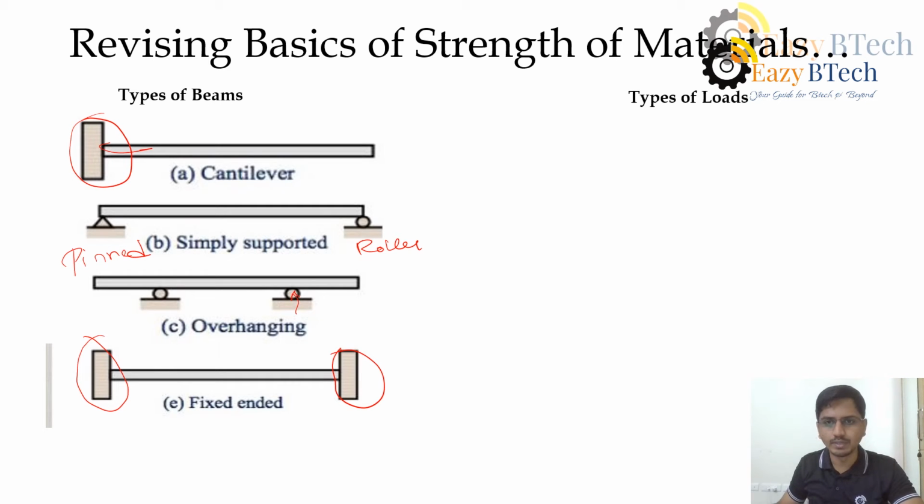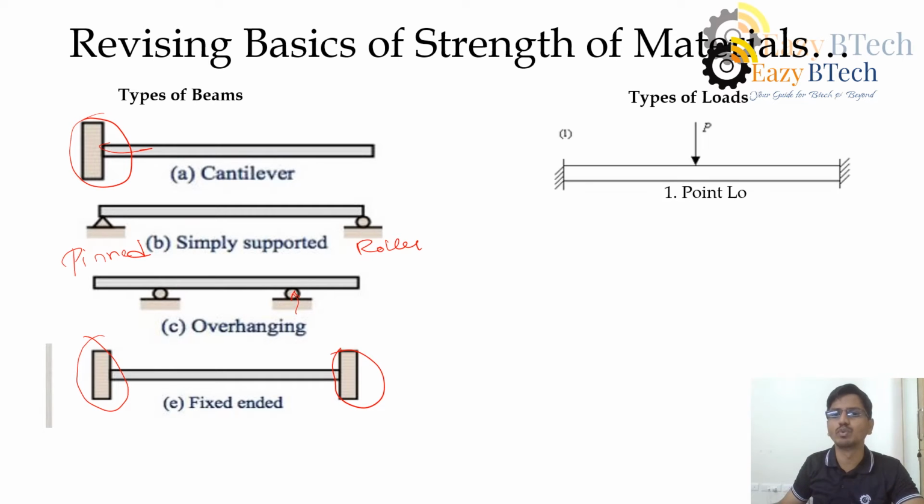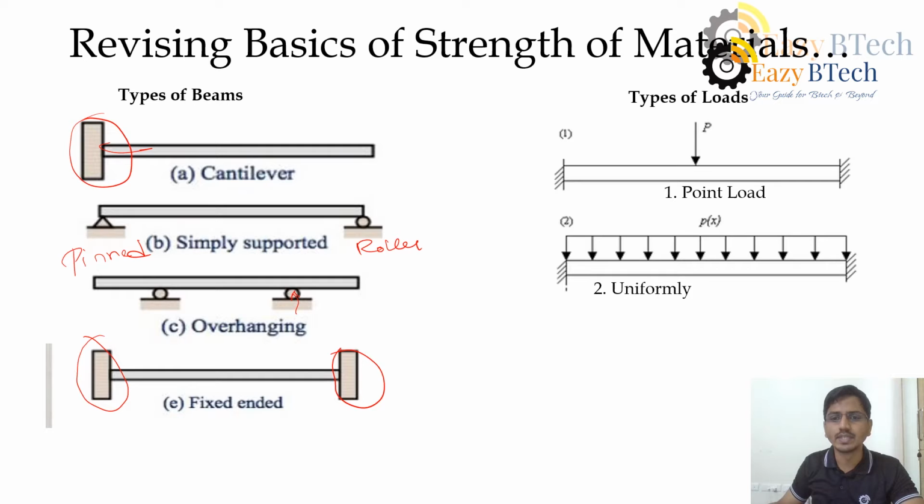Along with the types of beams, you would also have seen the types of loads. First one is point load. In the point load, the load will be acting at a particular point of a beam. Second one is uniformly distributed load.